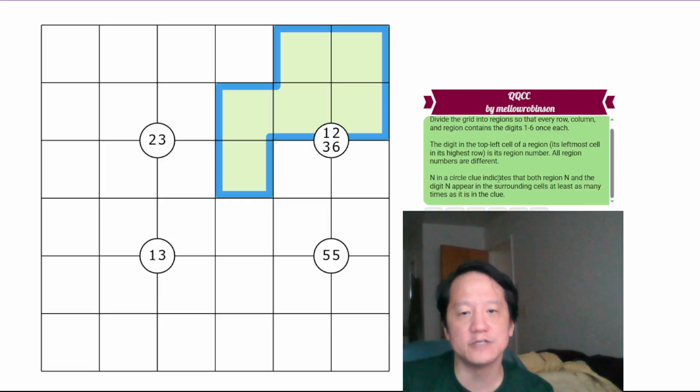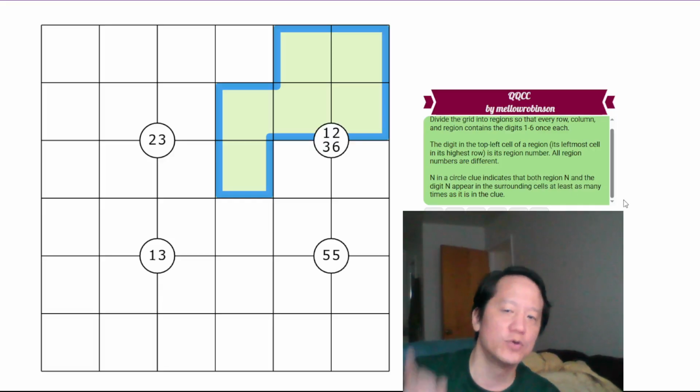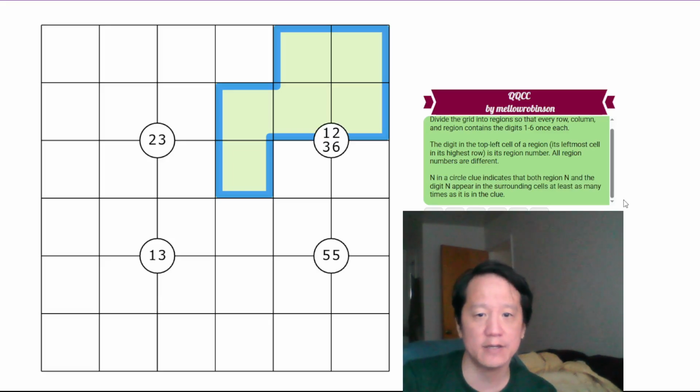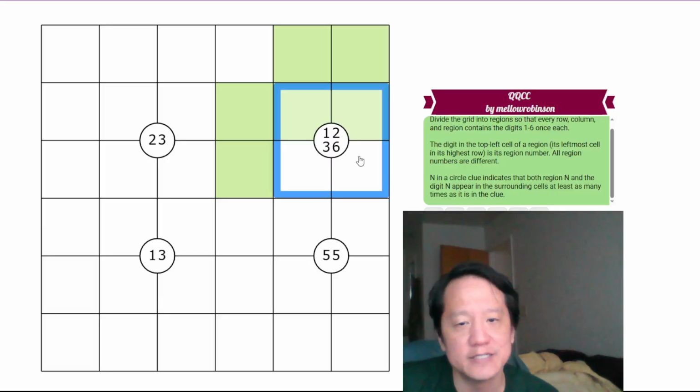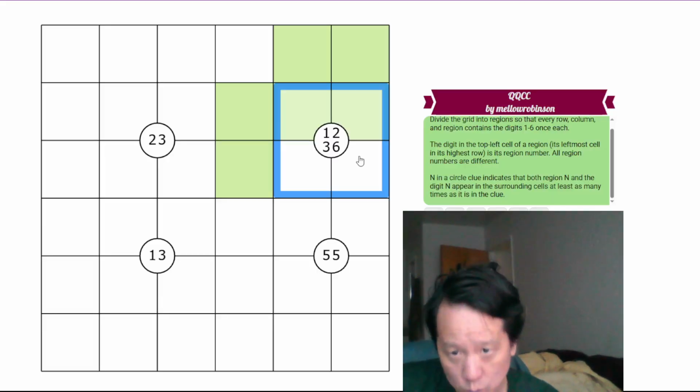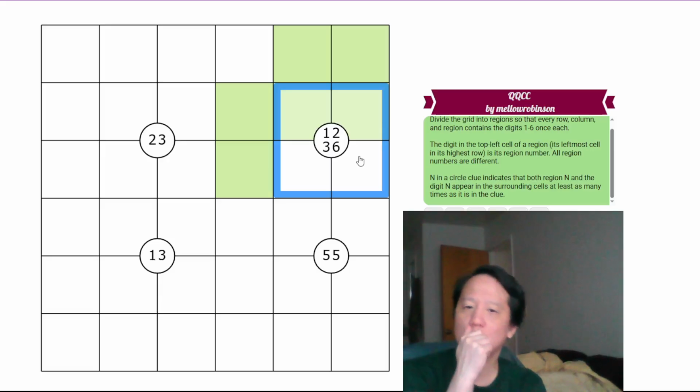N in a circle clue indicates that both region N and the digit N appear in the surrounding cells at least as many times as it is in the clue. Interesting.